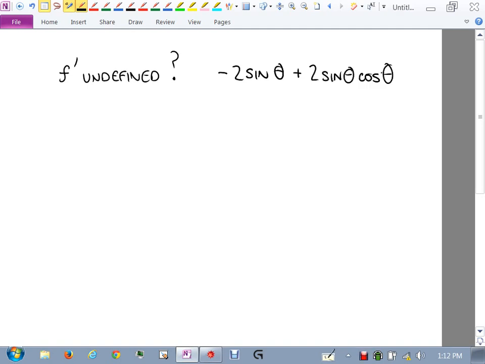And my question here is, is there a theta that I can plug in that's within the domain of the original function, before I took the derivative, that'll cause that to be undefined? No, because sine is always defined, right? Cosine's always defined. You're just adding and multiplying them. That should be well behaved. So is this ever undefined? No. Therefore, you don't have any other critical numbers. But you have an infinite number of them, don't you? All the multiples of pi? Okay.